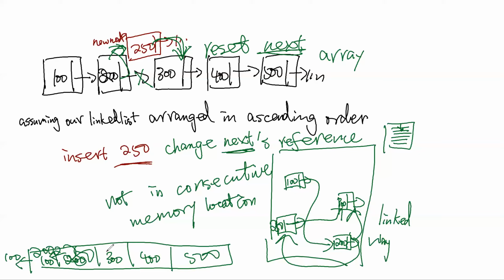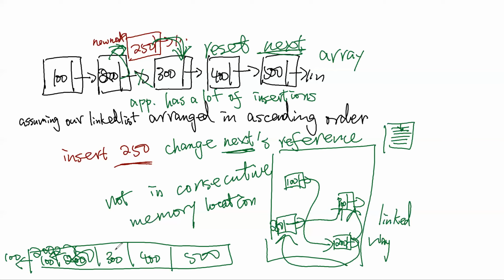And also, not like an array, because in an array, once you declare the size, it's fixed. If you want to insert a new one, then you need to expand, reshift, and recopy. So it's not as flexible as what we do here. And think about if your application has a lot of insertions.